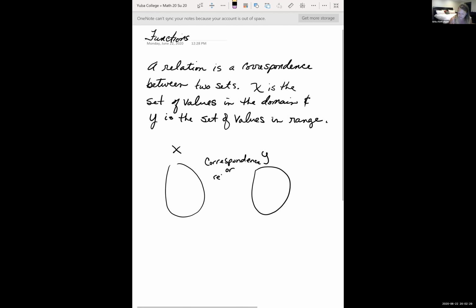So we can think of this, there's some correspondence between these x values that we're going to put in here and our y values in here. And so that correspondence or relationship is that equation normally that we're using to map values over.